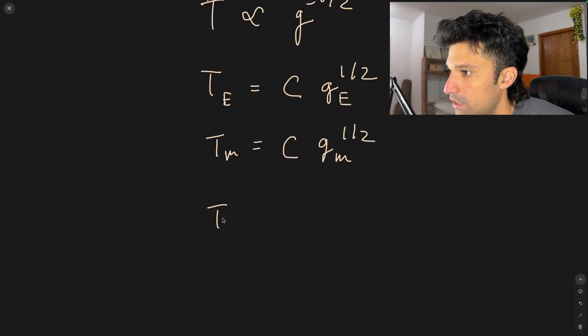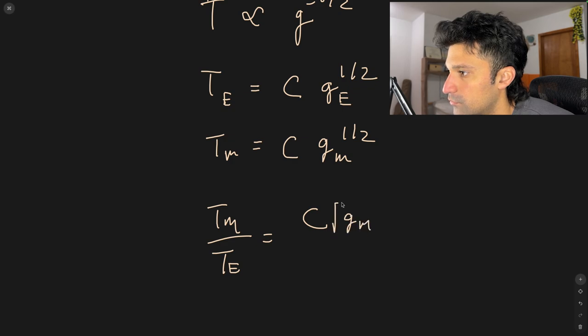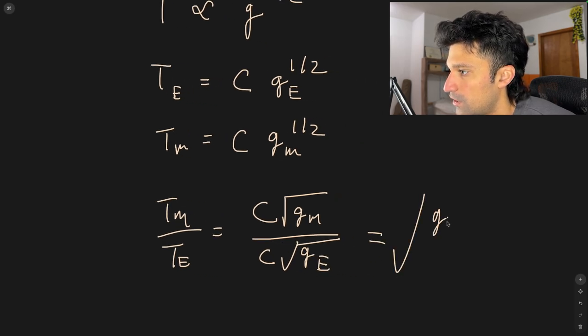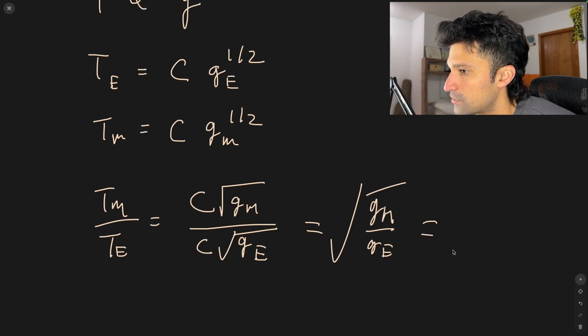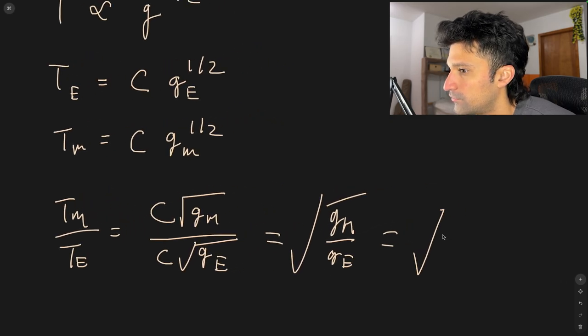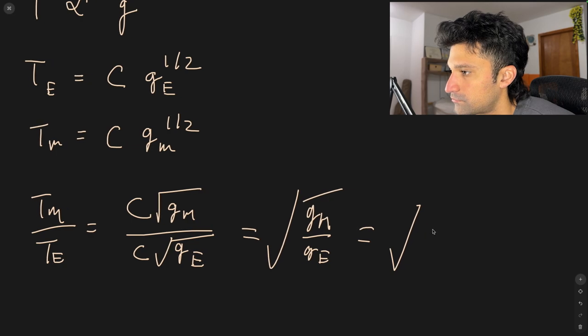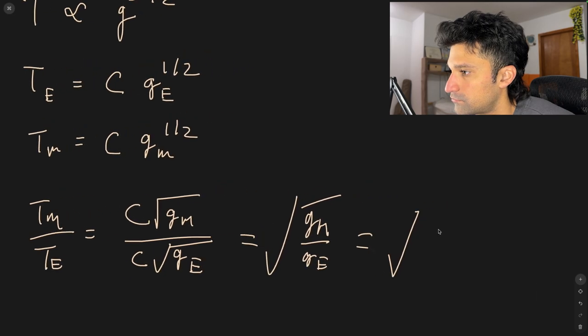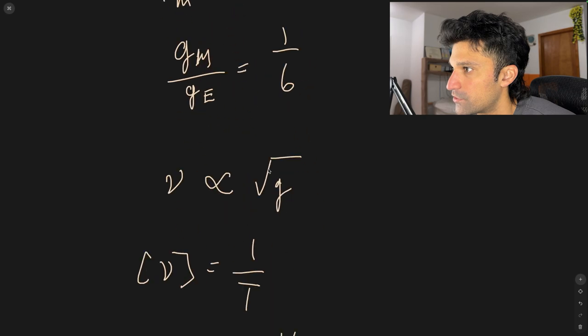So what we can do is do Tm over Te, which is the square root of gE over gM. This is the square root of 6.